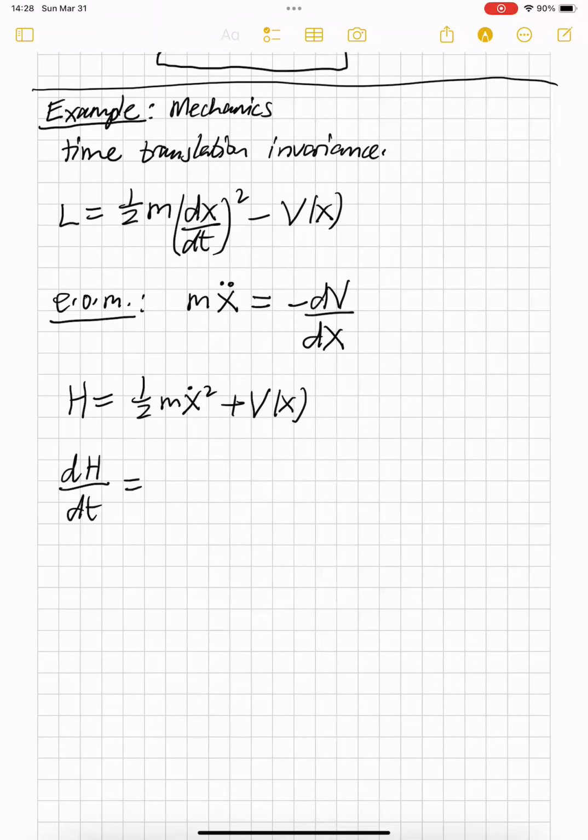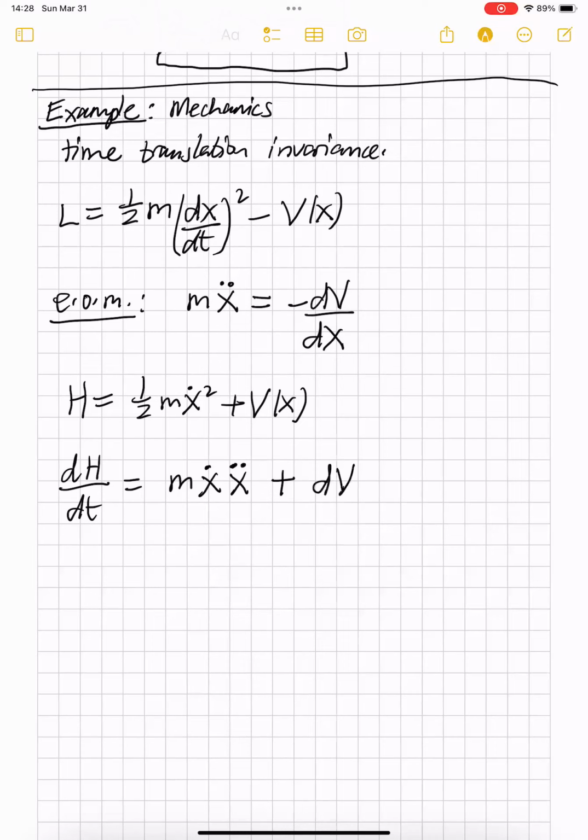So if we differentiate the first term, well, we have to differentiate x dot squared. So we'll get a 2. Let's just leave an m. We leave one of the x dots alone, and when we differentiate the second one, we'll get x double dot, okay? So that's the answer from differentiating the first term with respect to time. Then when we come to differentiate the potential with respect to time, well, the potential only depends on time because it depends on x.